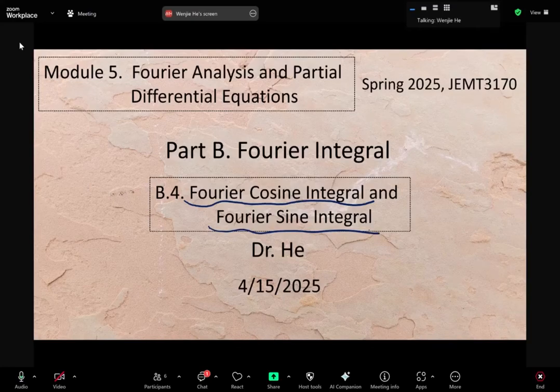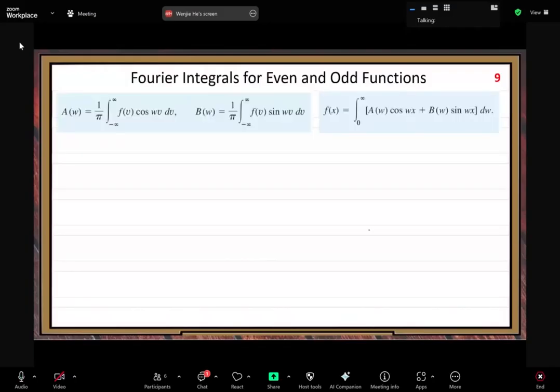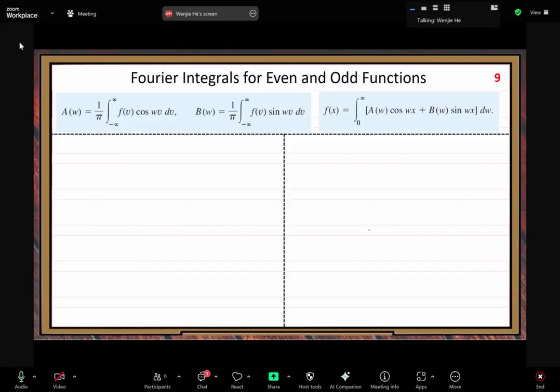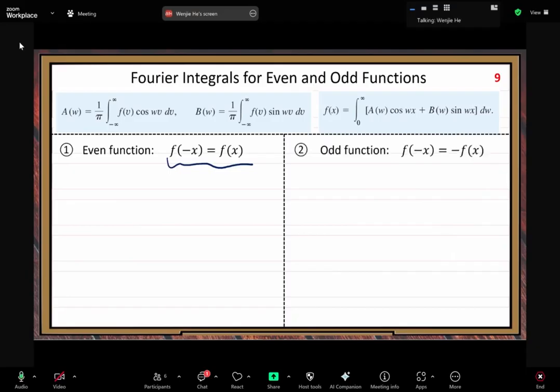So let's look at the derivation, which is pretty straightforward. We consider two cases: the even function case and the odd function case. For an even function, we know the definition: f of negative x equals f of x. The graph is symmetric about the y-axis. For an odd function, the graph is symmetric with respect to the origin, so f of negative x equals negative f of x.